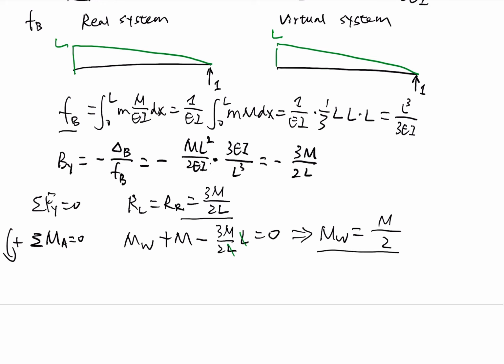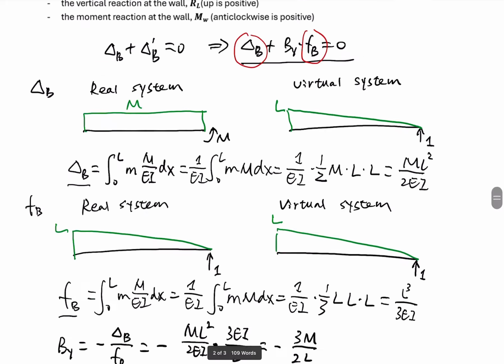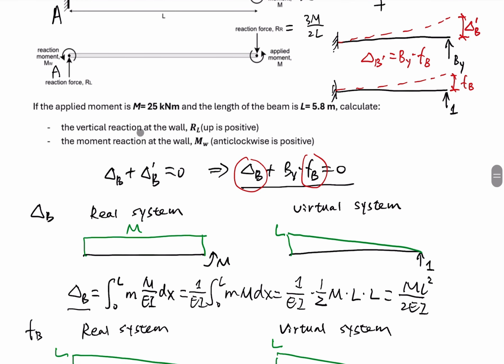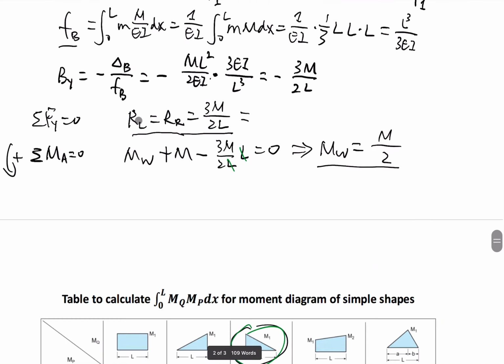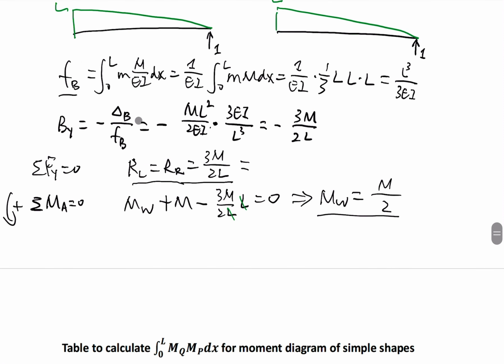MA is this, and this is RL. In this question, I already provided the M value as 25 kilonewton meter. L is 5.8 meter. So we plug in these two values and we get RL. RL equals 3 times 25 over 2 times 5.8 kilonewton.